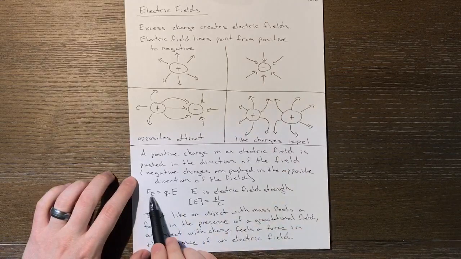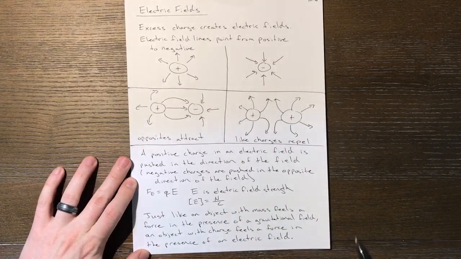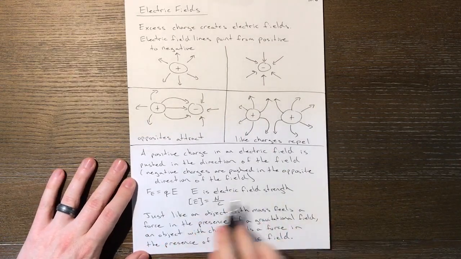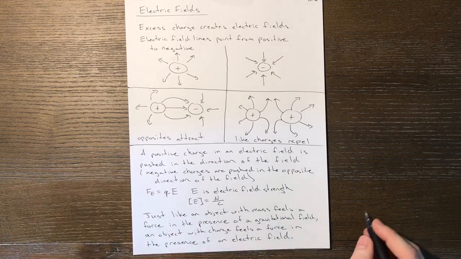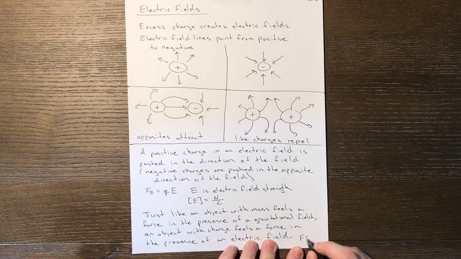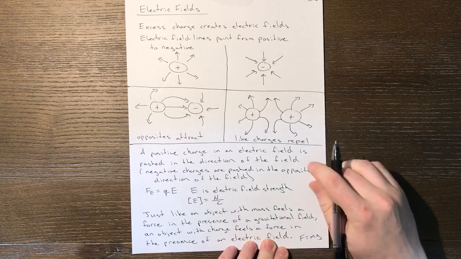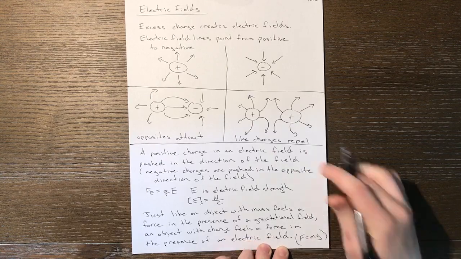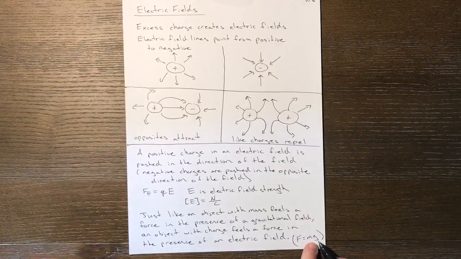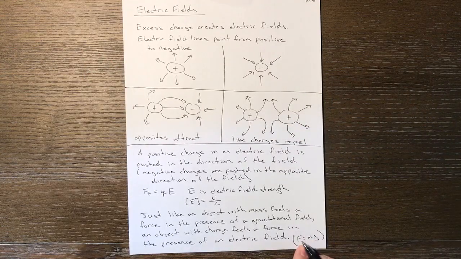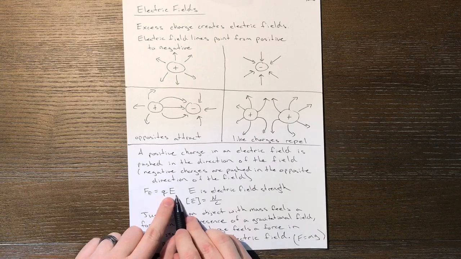And just like we see that F equals QE for an electric field, we had that F equals mg in that gravitational field. The g is the field. You put a mass in it, it feels a force. The E is the field.